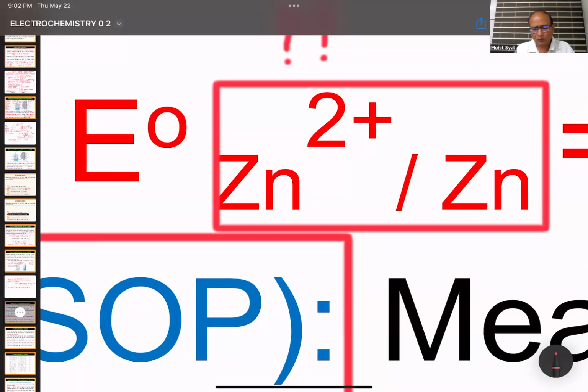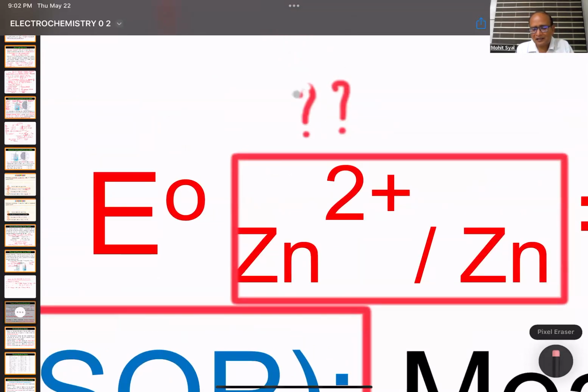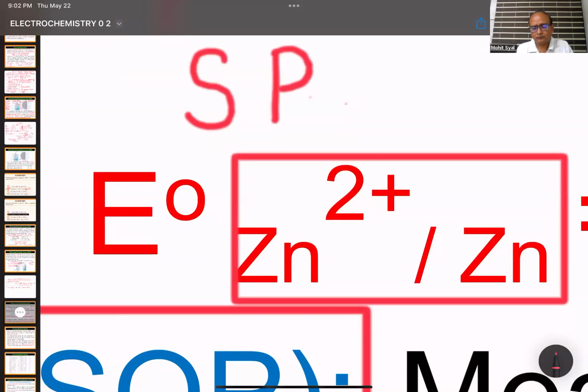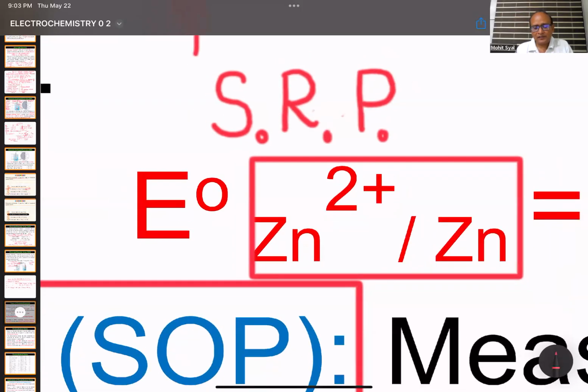So this is Zn2+. It is getting electrons, its positive charge getting neutralized. So this is SRP. Got it? Standard reduction potential. Because we can see that this symbol is representing the reduction of zinc.